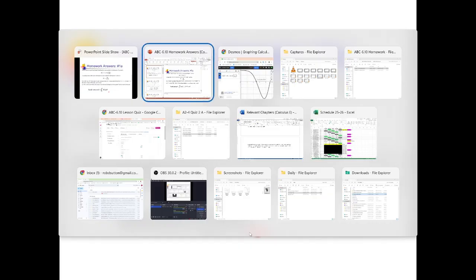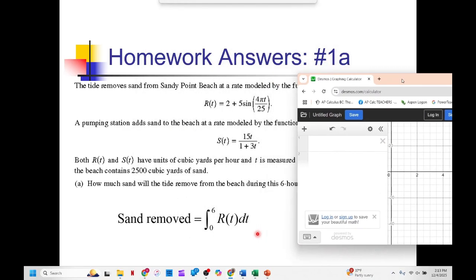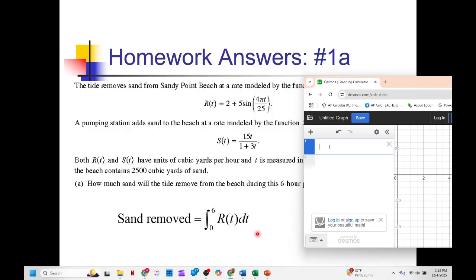And let's go into Desmos now, and let's clear all this out. While I'm in Desmos, I'm going to put both functions in there. So I have R of t, and that's going to be 2 plus 5 sine, parentheses, fraction 4 pi t over 25. And now let me make another entry for S of t. I have a feeling I'm going to need to use this one as well at some point.